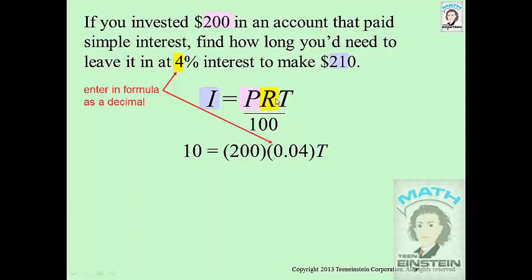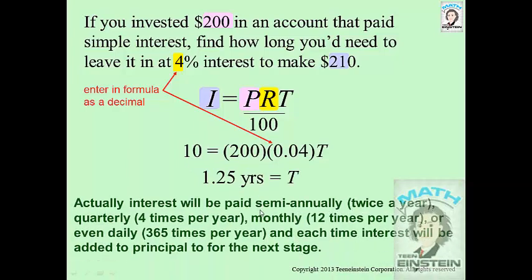T we don't know, how long. See the question, how long. So just divide 10 by 200 and 0.04, you get T equal to 1.25. You can use a calculator: 10 divided by 200, again divided by 0.04, you get 1.25 years.